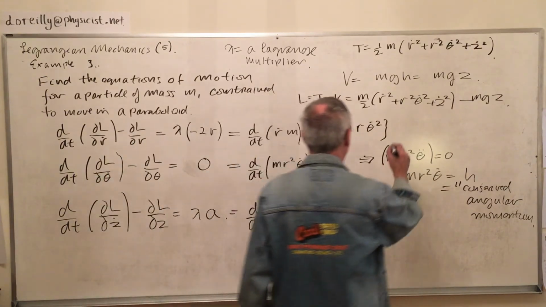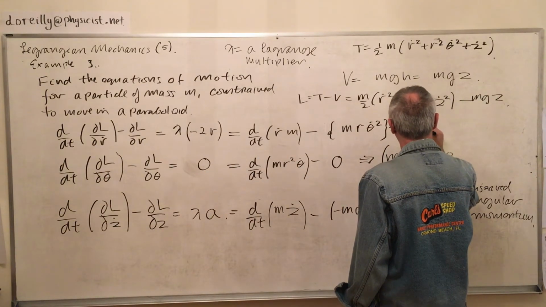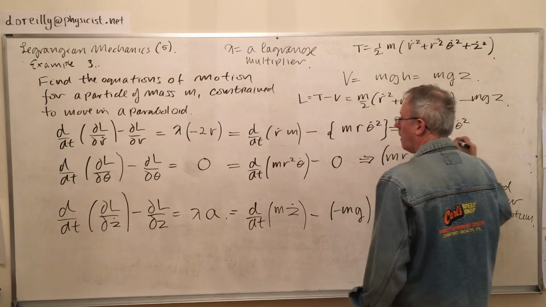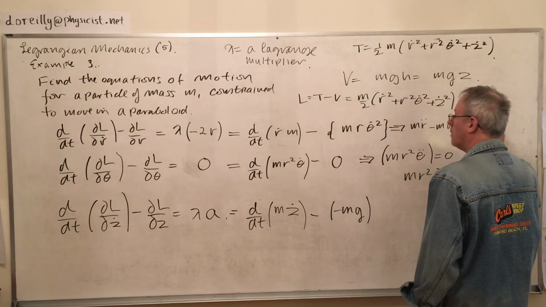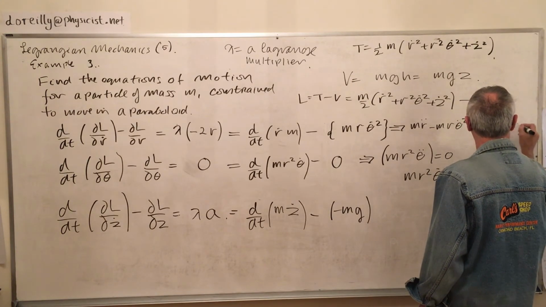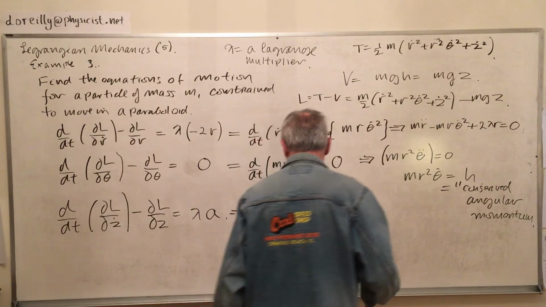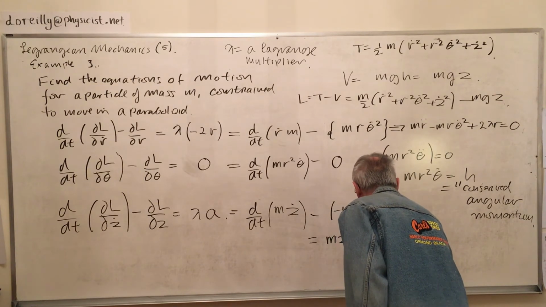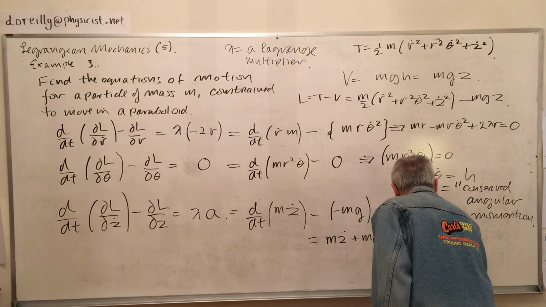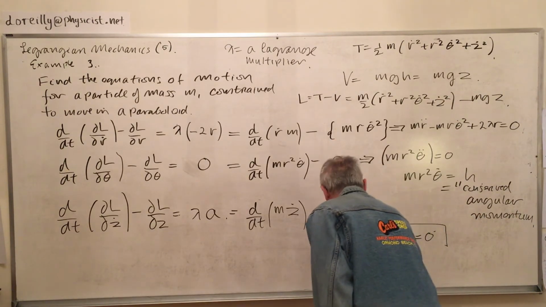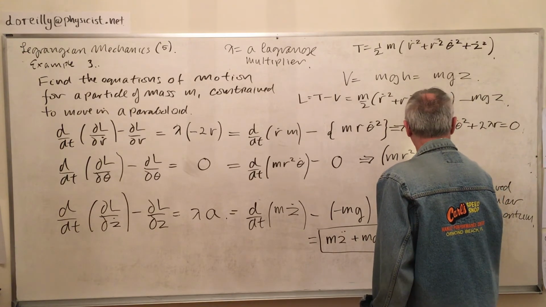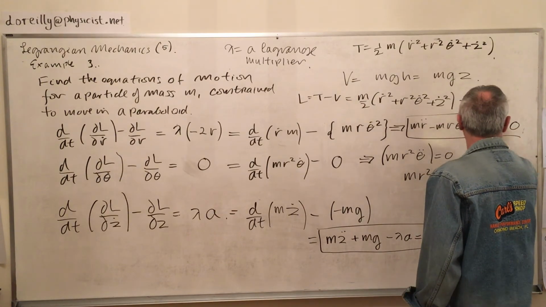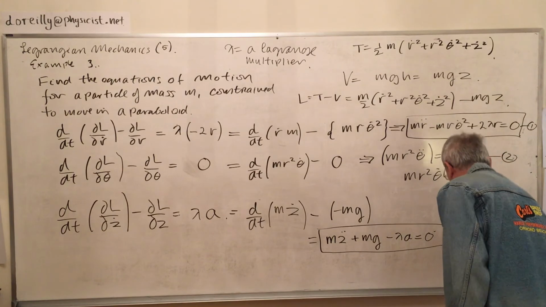For this one here, I get that equation, and for this one here, so we have 1, 2, and 3.